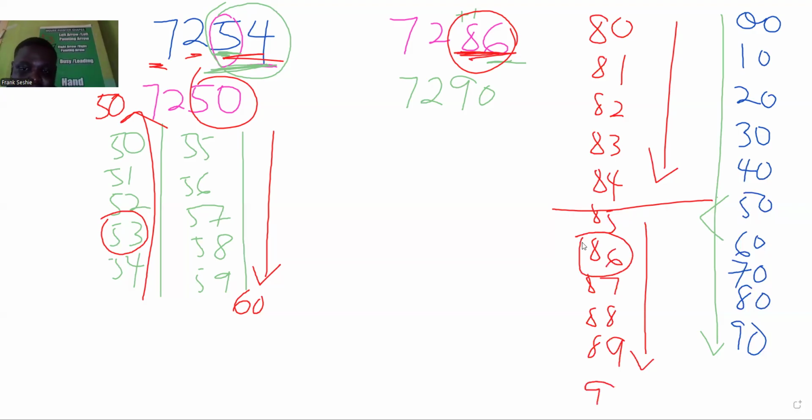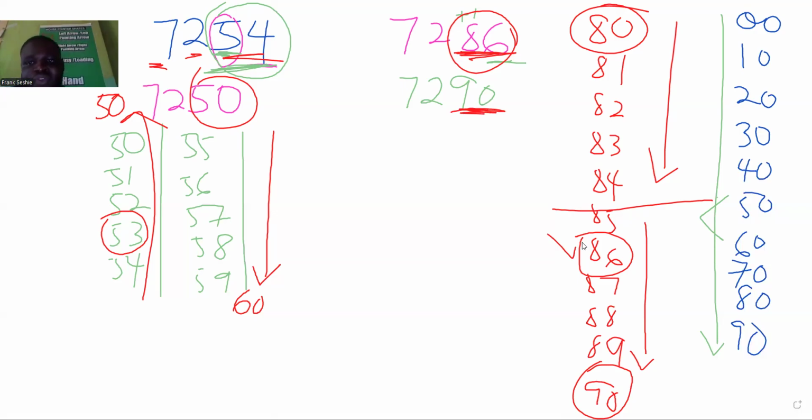Don't forget the upper is close to 90, the next tens, and the lower is close to 80. Once 86 is within the upper region, it will be approximated to 90, which is the next tens. And that is why we have this 90.